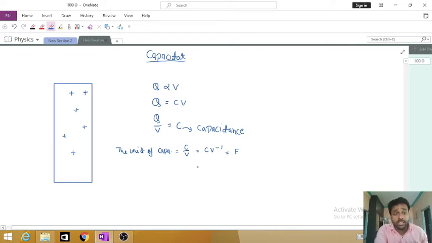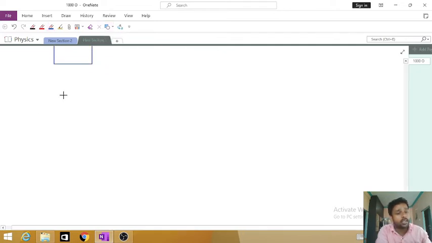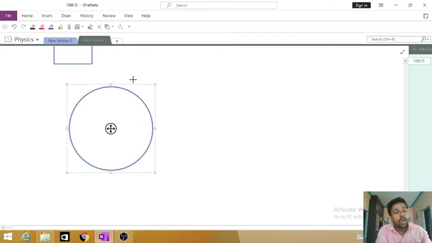Now let's check the capacitance of a spherical conductor. Suppose a spherical conductor is there, and we give charge on the surface of this conductor. It will be uniformly distributed over this conducting surface.